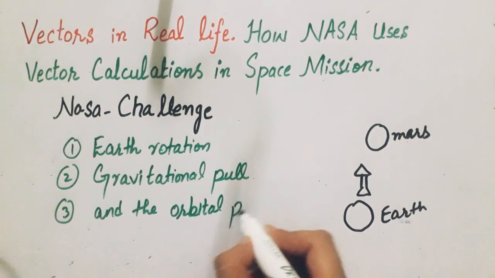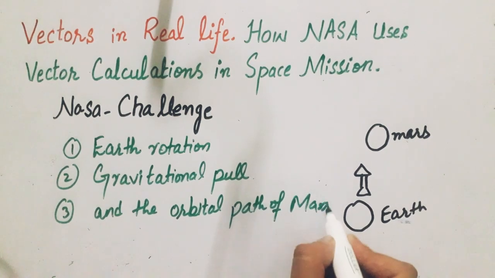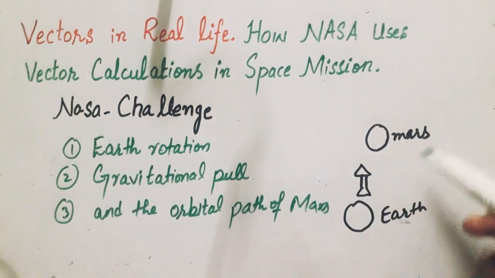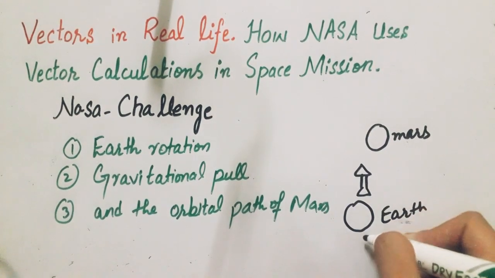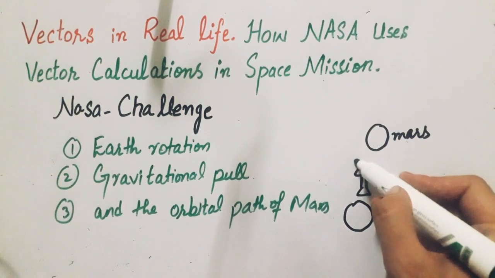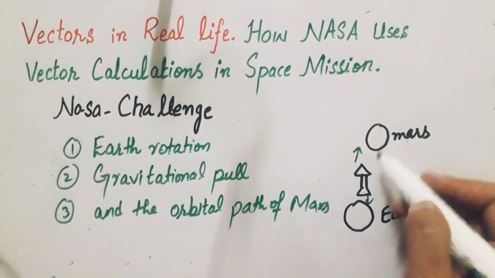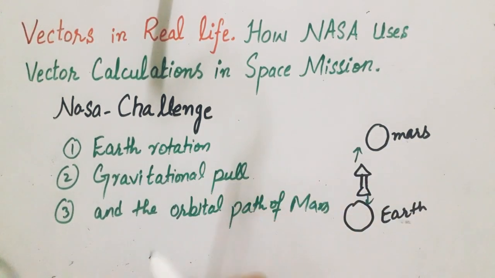All these factors are represented using vectors, like gravitational pull towards Earth, and its direction goes upward. So these are basically the forces acting on the rocket, and these are represented by arrows.